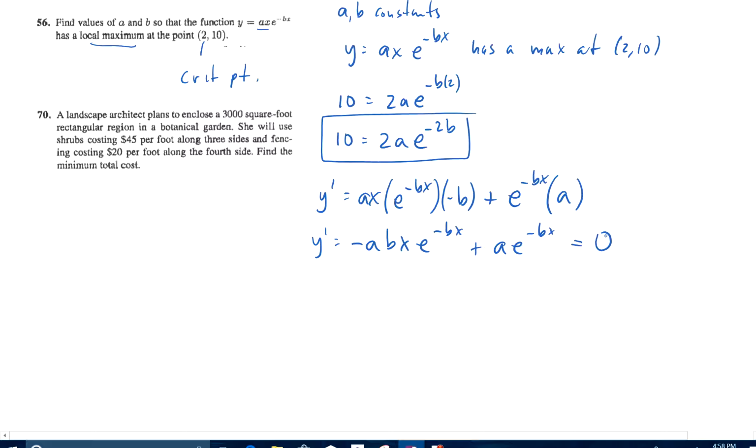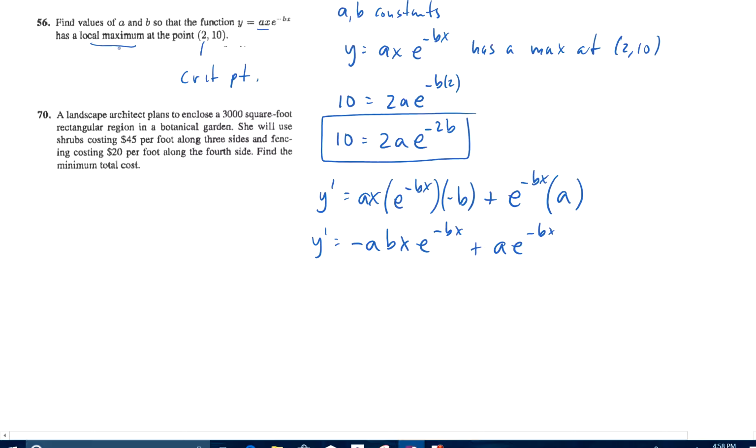So if I do that, well, actually, how about this? If I just plug in, I'm just figuring this out as I go too, so I want you to see how I'm thinking. If I plug in 2 for x, what should I get?